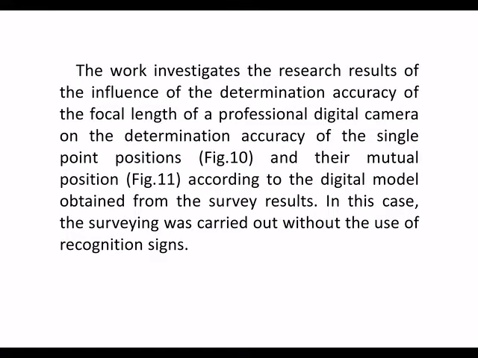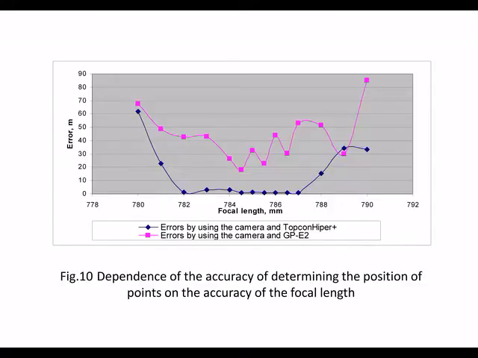If during surveying the coordinates of the photographing station position are determined with an accuracy of 5 millimeters and the focal length is determined with an error of 1 millimeter, then one can expect an error in determining the position of the studied points in the range from 0.7 meters to 0.9 meters.